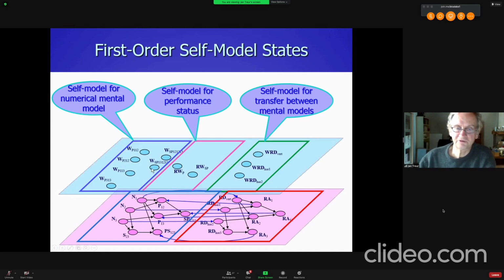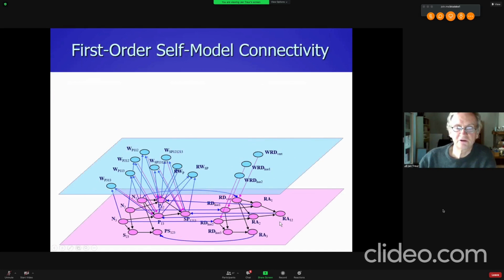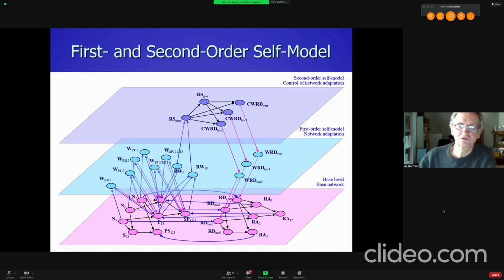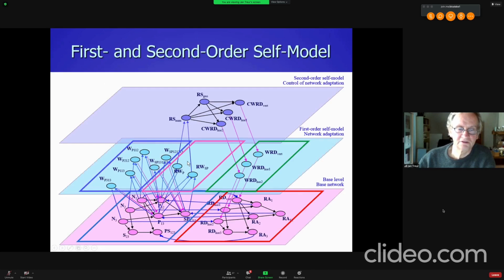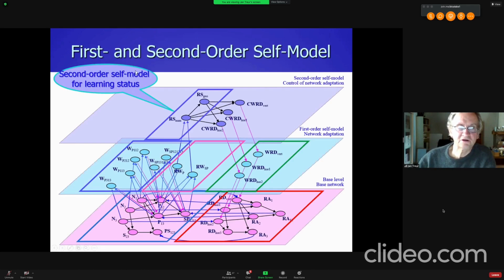So this is a level where you have the self-models of these mental models, and then we add another level, that's for the control of the choices for these mental models. And that's defined here. Here we have some monitoring of the skills. So these are, remember, the models that we have there. And here we have a second order self-model for the learning status. That is monitoring what is determined here.